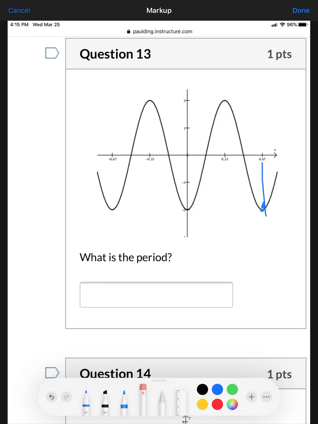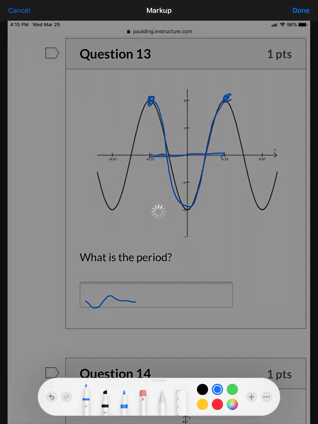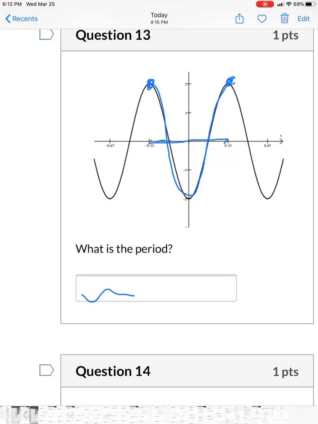And another way to look at that, if I look at it in terms of a sine graph maybe, or another cosine graph, what if I start there and the period ends there? So there's 0.33, there's another 0.33, so you're at like 0.66, which is still very close to 0.67. So my answer, I would accept 0.66 or 0.67. So that one was a little bit more tricky than normal.